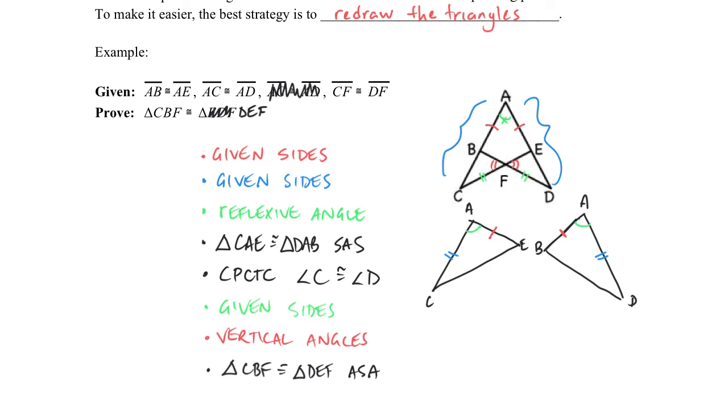So you have to work in both diagrams simultaneously, and you may have to prove a set of triangles, take their parts in order to prove another set of triangles. These can get pretty complicated, but the cycles stay exactly the same. So that part is consistent. So do some practice problems, and we will practice this in class as well.